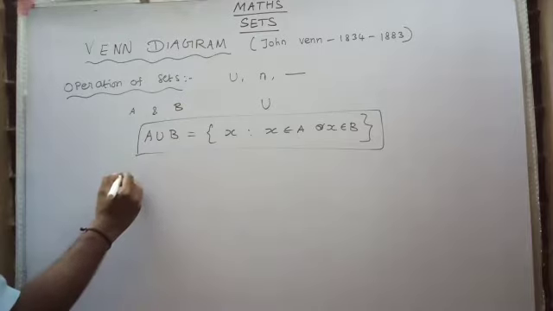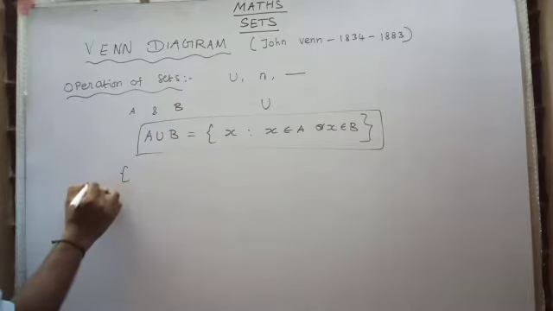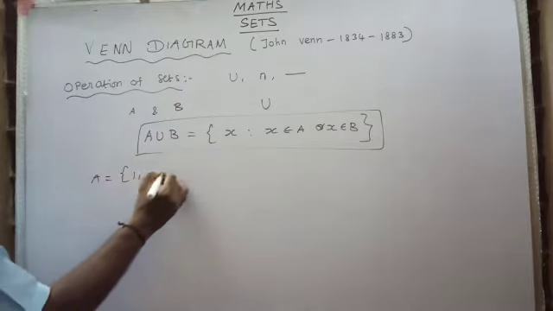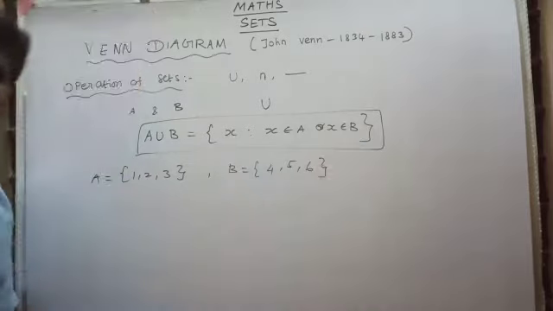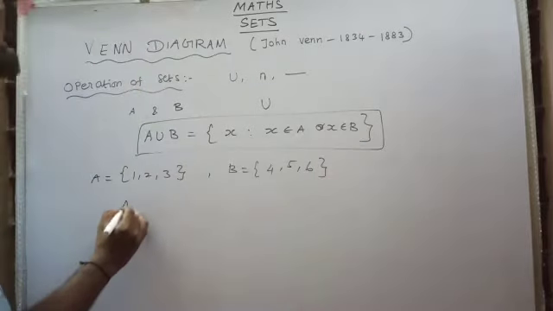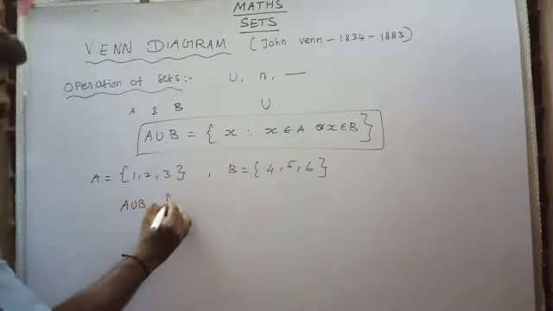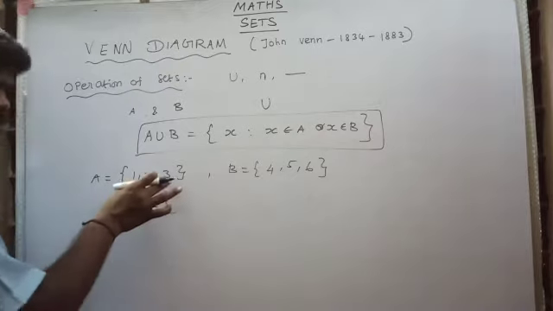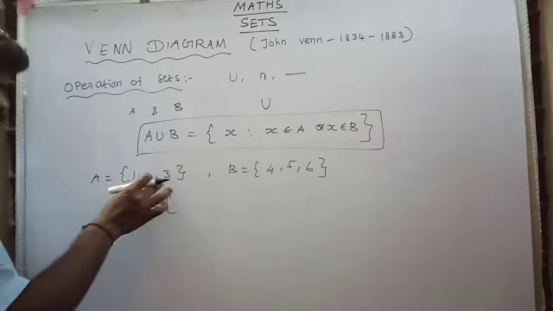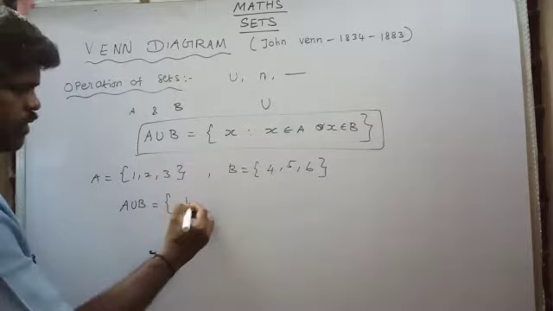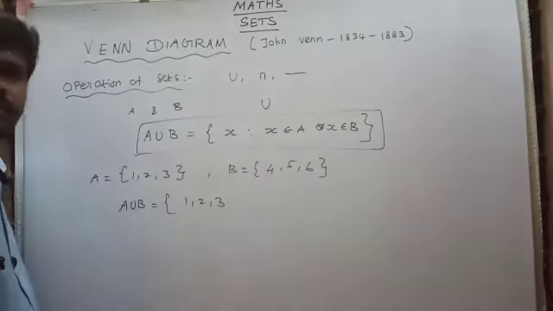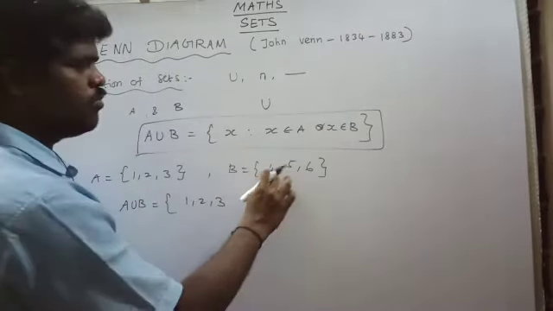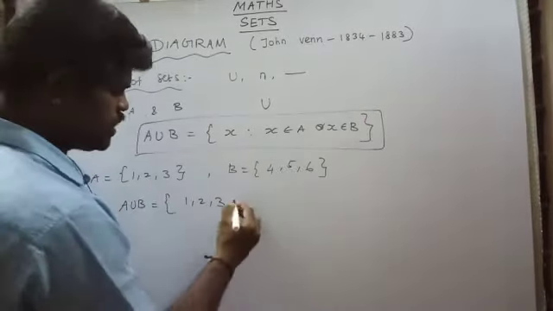Suppose we have to find an example. A is 1, 2, 3 and B is equal to 4, 5, 6. Now A union B equals, first of all, A contains these elements 1, 2, 3, so we write 1, 2, 3. And B contains 4, 5, 6.